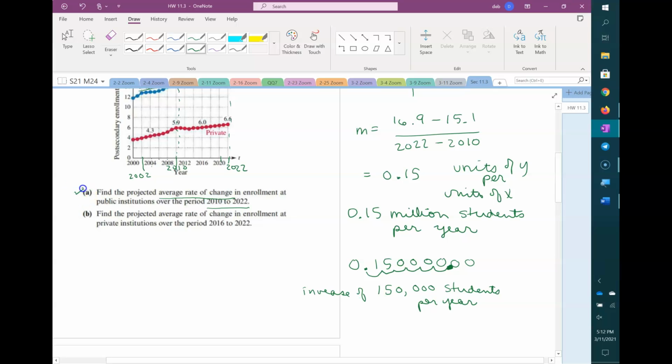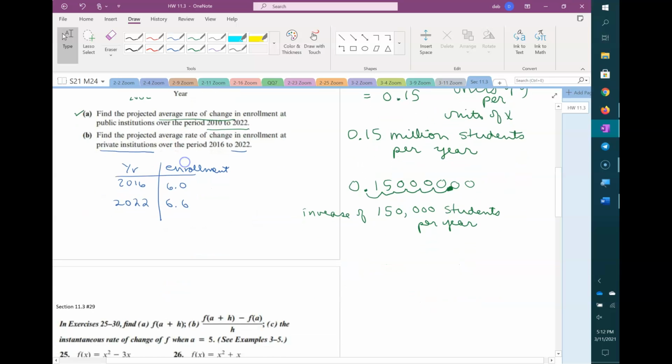Okay, so that's A. Then B, we're asked about private institutions over a different time range. So we're asked from 2016, so that would be here, where in 2016 we're getting 6.0, and then 2022 we're getting 6.6.